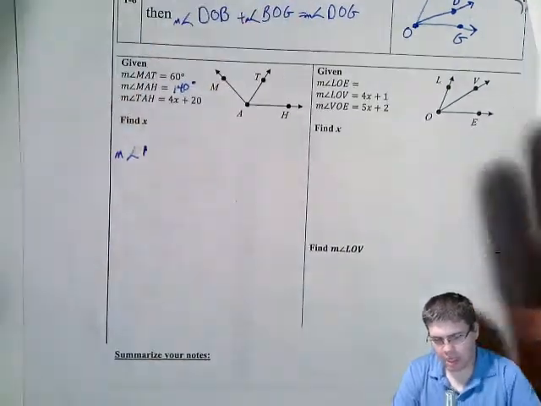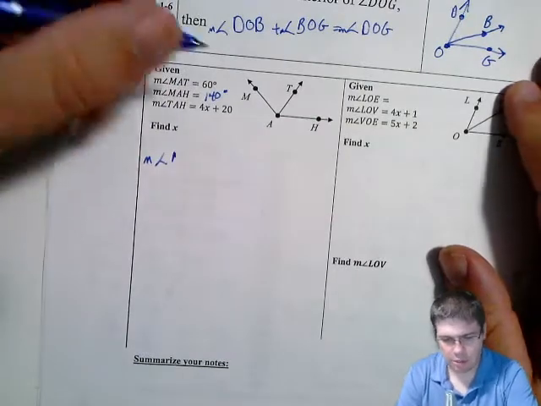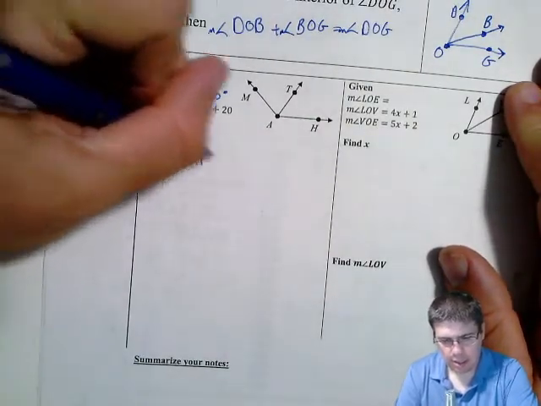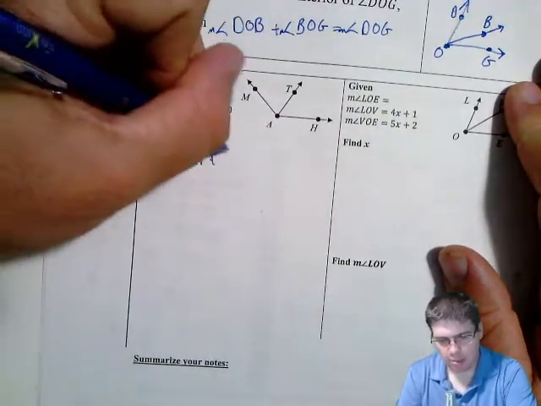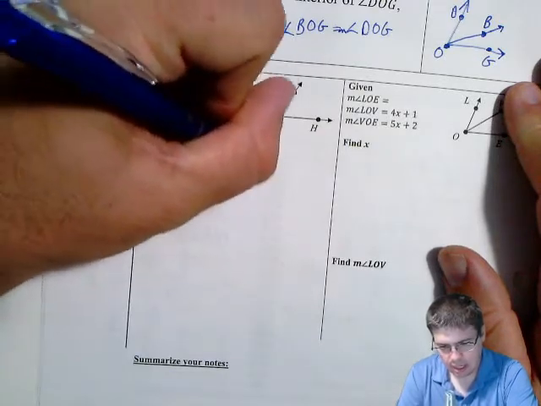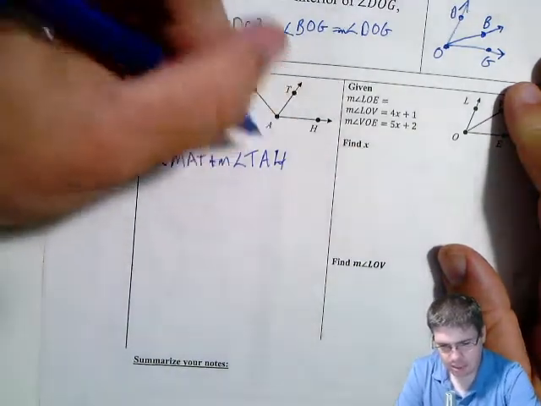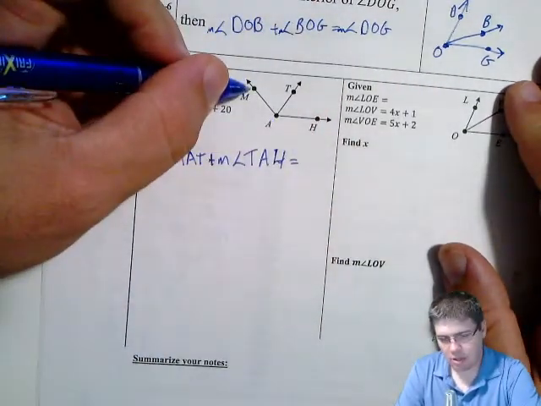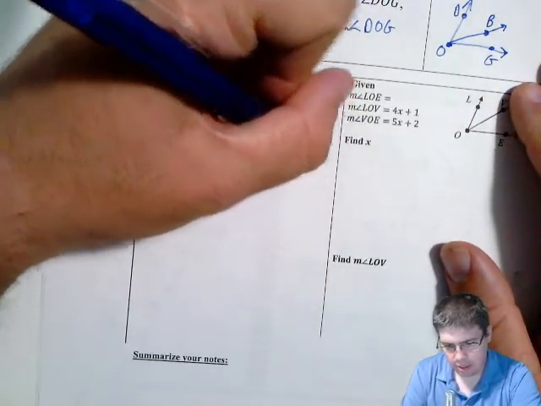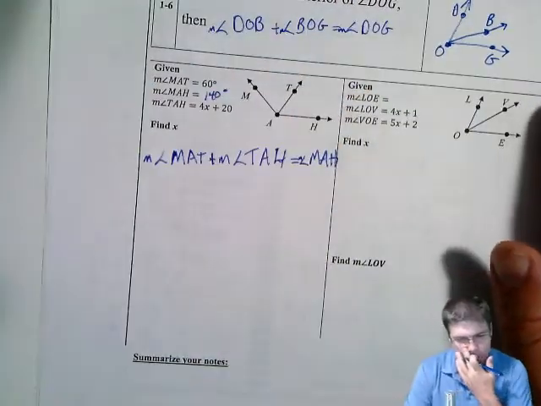The measure of those angles combined will be equal. So the measure of angle MAT plus the measure of angle TAH should be equal to the measure of angle MAH. Sorry, that got kind of messy.